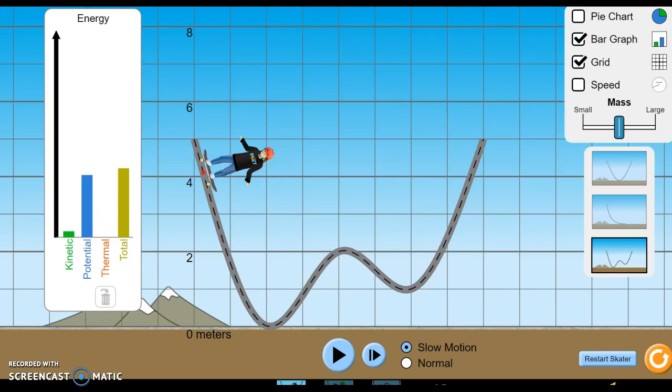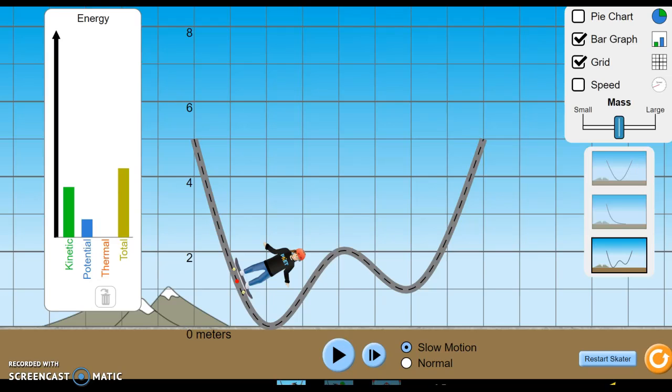With the skater at the highest position, let's do slow motion and step forward. Okay, now let's release him from rest. Notice what happens in the bar graph to the potential energy and to the kinetic energy. The potential energy goes down and the kinetic energy goes up as he comes down the slope.